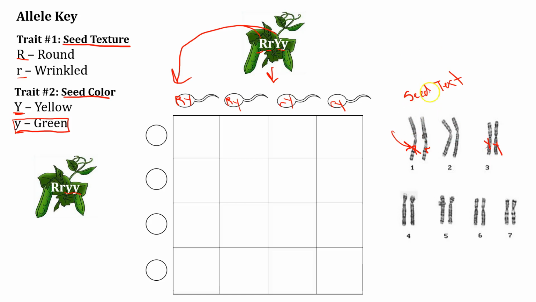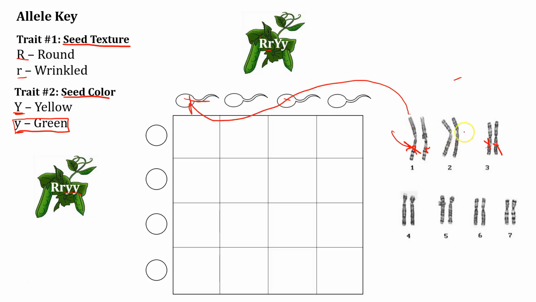Then when these chromosomes are sorting out into the gametes, this one could go here, and the one that also goes in here could be either this chromosome or this chromosome. So they could sort out independently from one another. This one could join this one, or maybe this one could join.